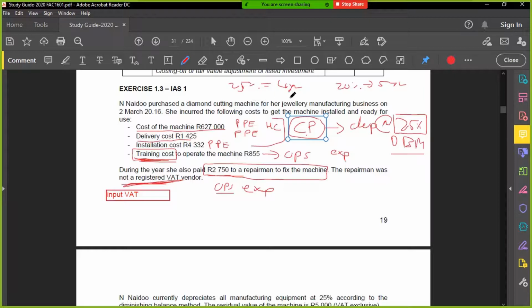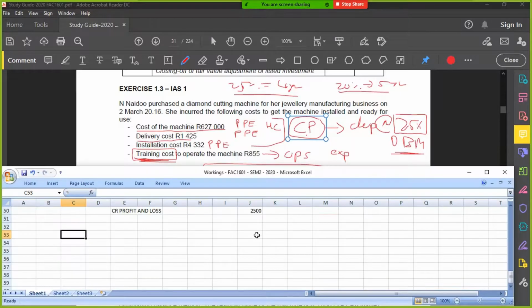Straight line is looking at the total period, the years. If you're looking at 25% per annum diminishing balance, every year it's going to be 25, 25, 25. You could stop at 4 years, but you can continue because diminishing balance never, ever ends. Do you agree? Yes. So on straight line, I'd say 4 years.